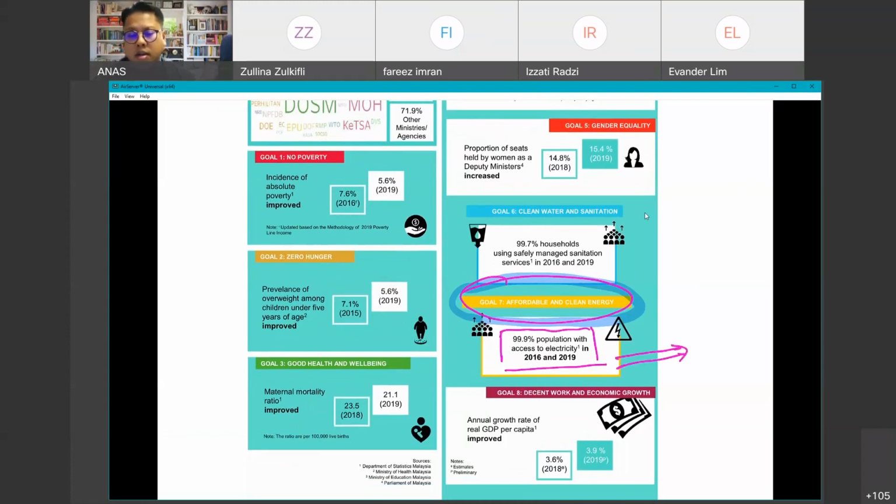Almost all of our population have access to electricity, but what it doesn't say is how we are going to use renewable energy to improve the livelihood of the nation and the people, and how we can reduce dependency on hydrocarbons, oil, basically. But it didn't address that.